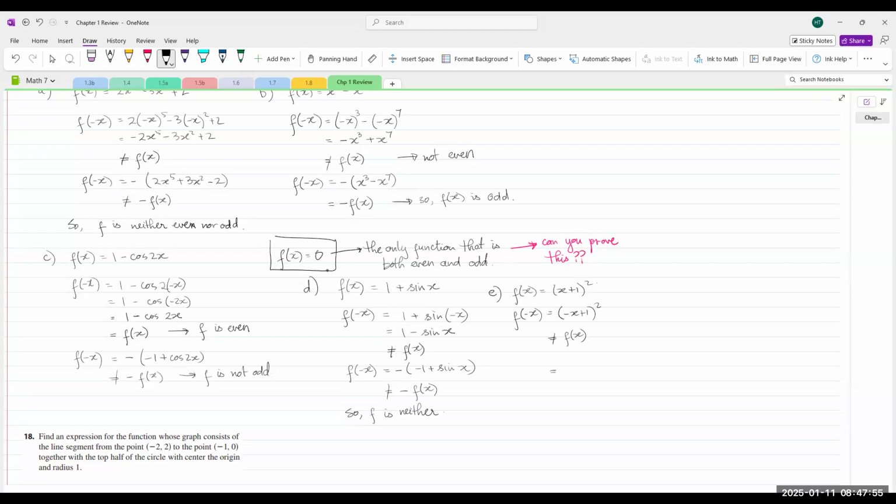This becomes x^2 minus 2x plus 1, right? If I factor the negative out, I cannot factor the expression inside anymore, so this is not negative f(x) either. So f is neither.